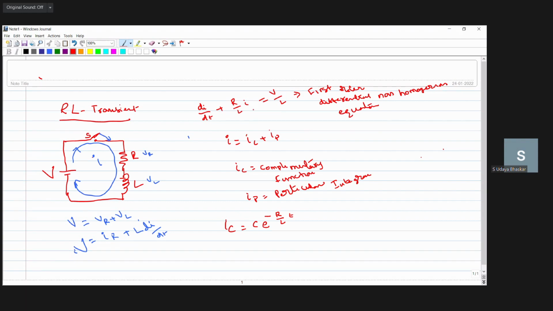See, it's di by dt plus R by L into I is equal to V by L. So for this, IP is nothing but V by R.